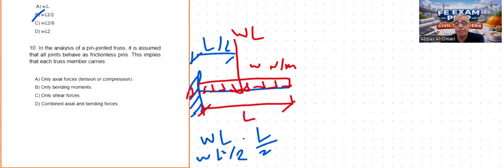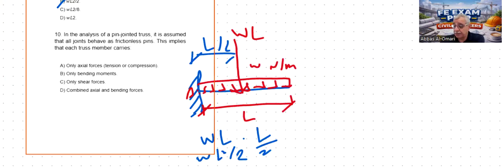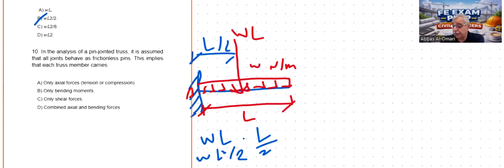Now, in trusses, members carry only axial forces, tension or compression. So in trusses, members only carry axial forces, either tension or compression. So the correct answer is A.